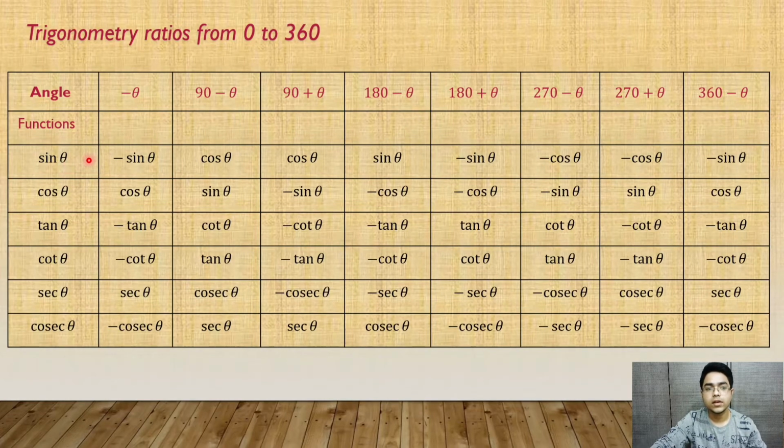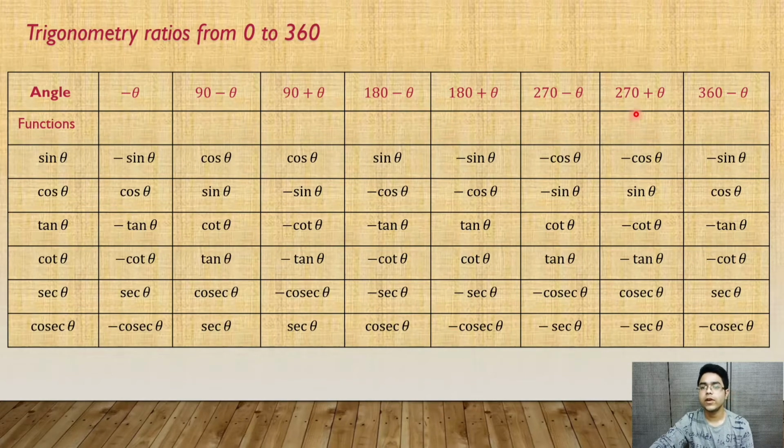That is, sine theta will give us cos theta, and cos theta will give us sine theta, sec theta will give us cosec theta, and cosec theta will give us sec theta, and tan theta is giving us cot theta, and cot theta is giving us tan theta. All other signs except tan and cot theta will be negative, and they will be positive for cot theta and tan theta, as it is the third quadrant.